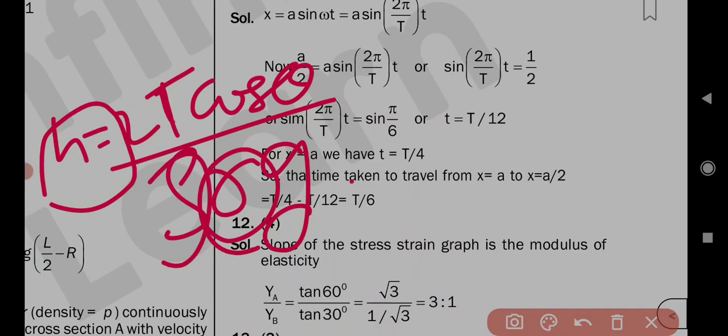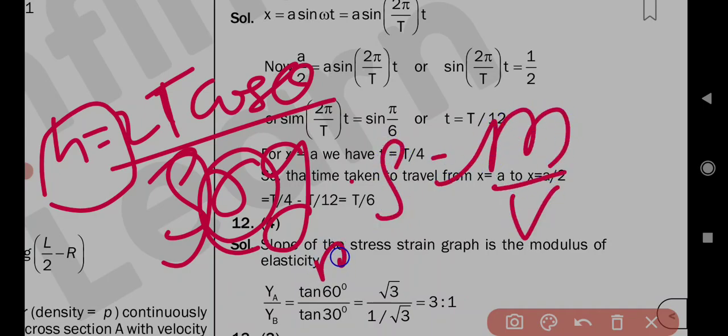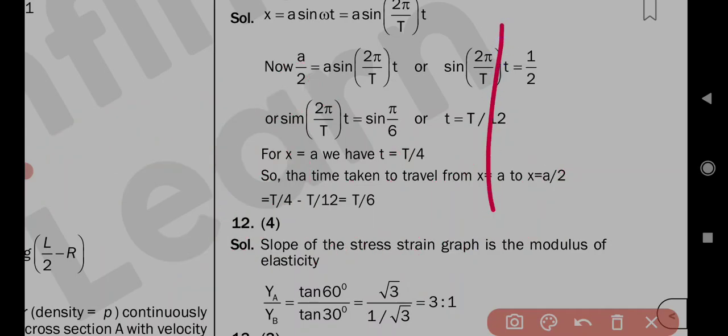So here density is there. Can I convert it into mass? Yeah, density is mass by volume, right? So mass is rho v.